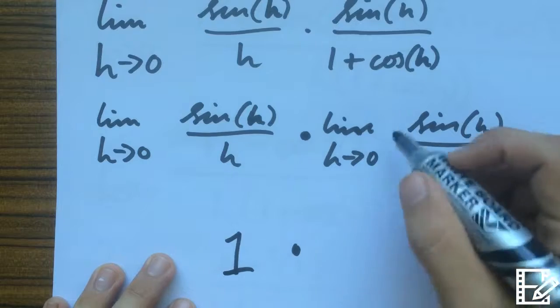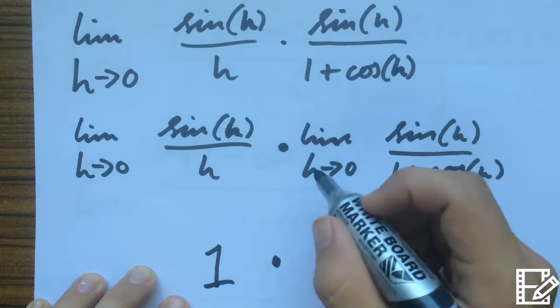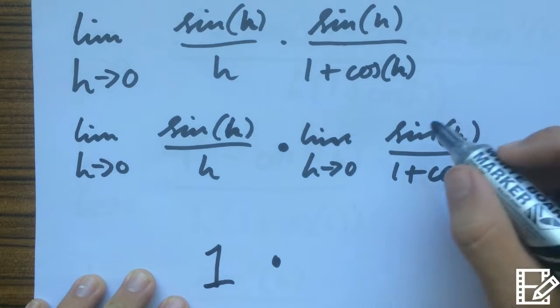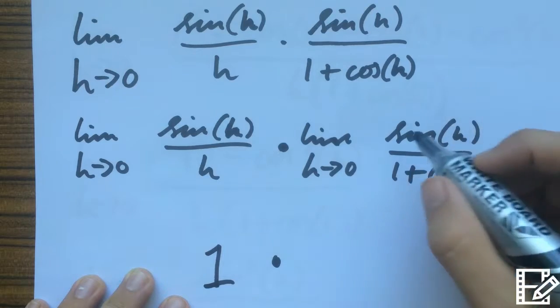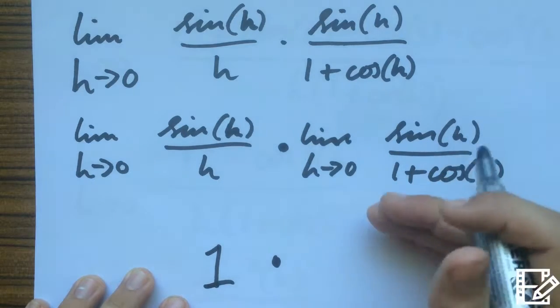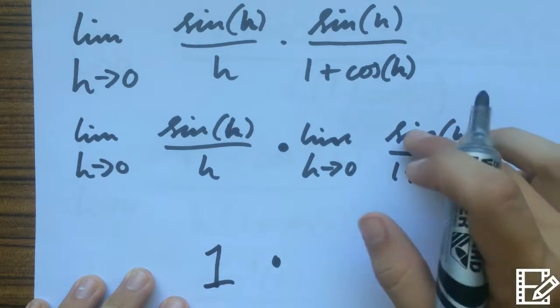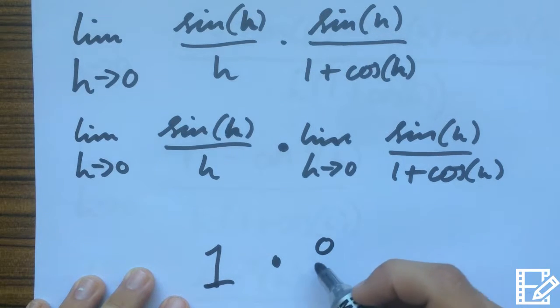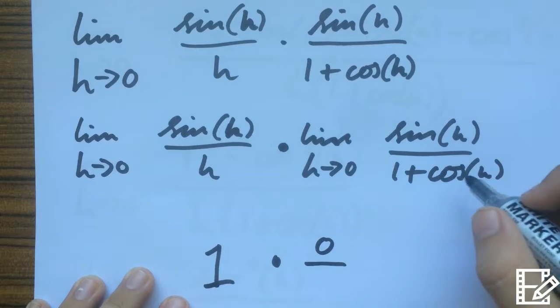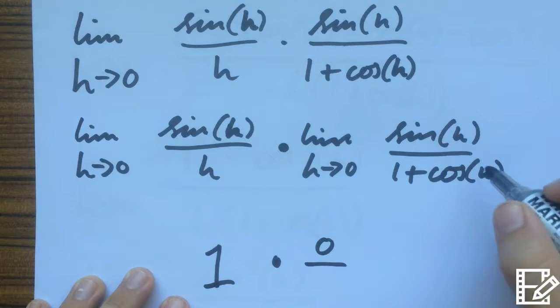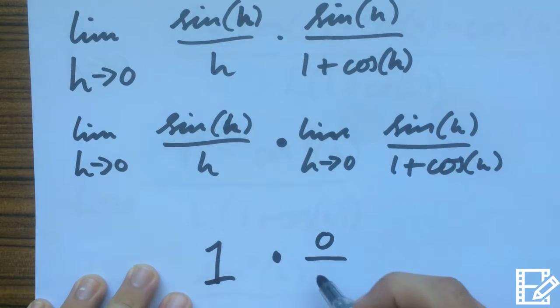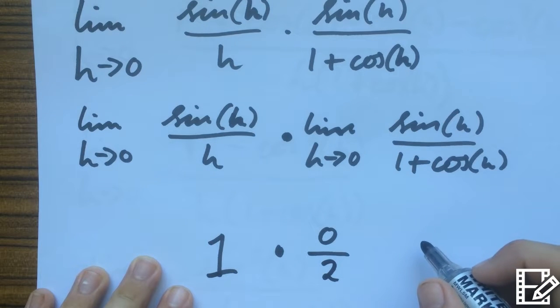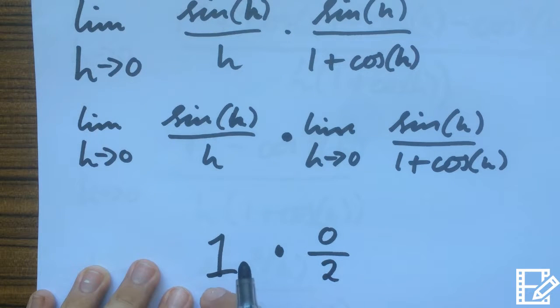And over here, the limit as h approaches 0. So sine h, if we were to think of it at 0, sine of 0 is 0, over 1 plus cos h. If h was 0, cos h would be 1, so it would be 1 plus 1, 2. You see here, 1 multiplied by 0 over 2.